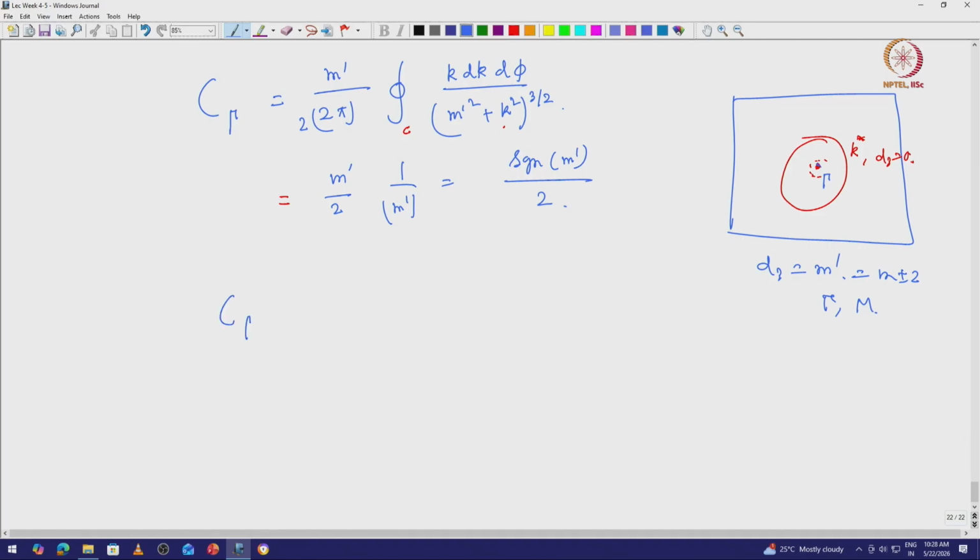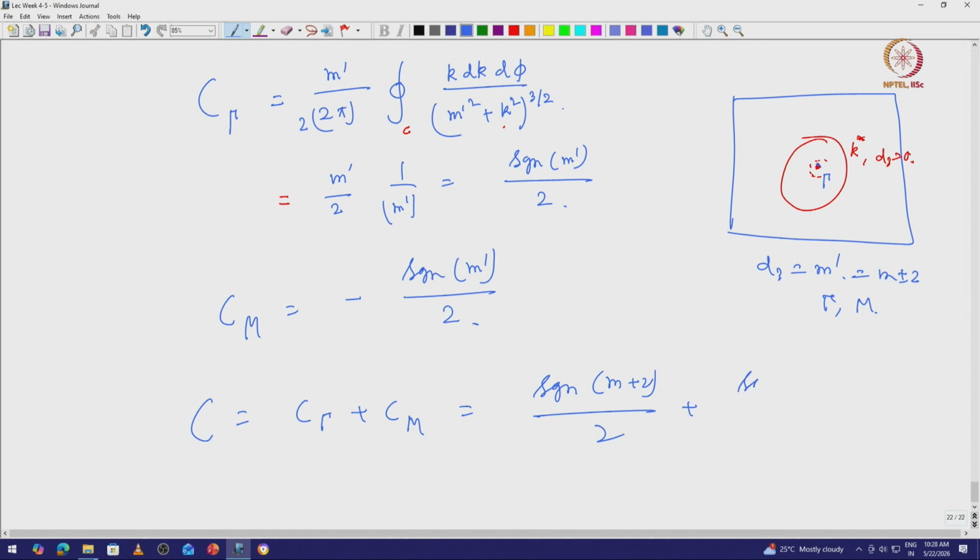And C M, if you do the same calculations, you will get, so the total Chern number is C gamma plus C M is equal to sine of M plus 2 by 2 plus sine of M minus 2.